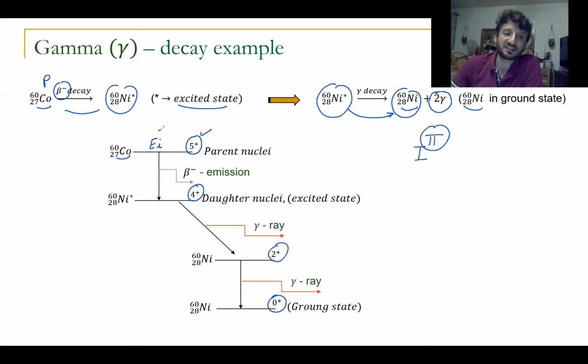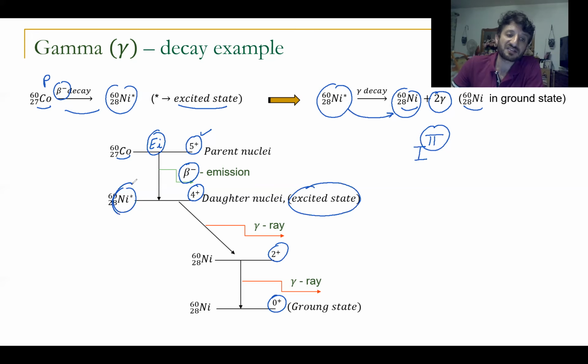Cobalt is initially at this level and will decay to this level, 4 plus, where cobalt will be converted to Ni star, which is in the excited state. We can say this is a beta decay. During this decay, we have beta minus emission.